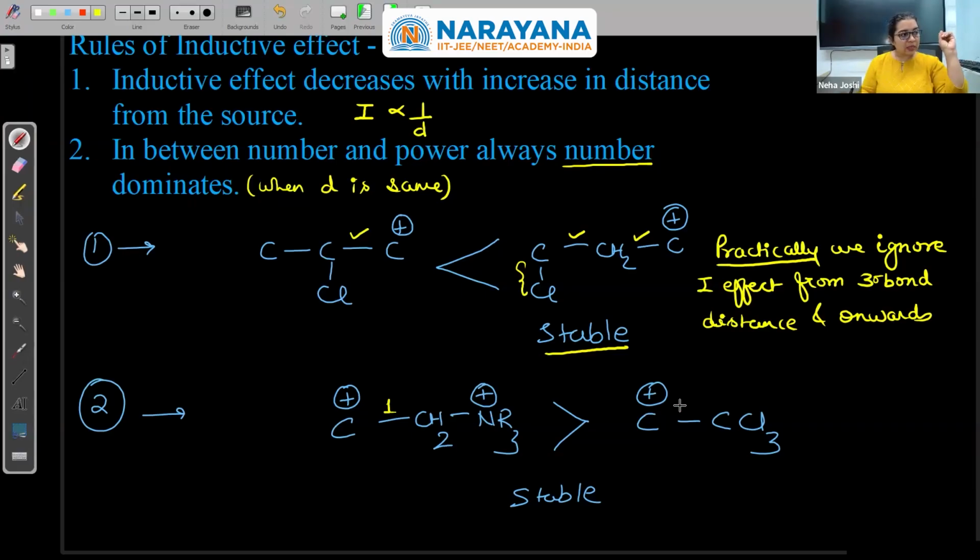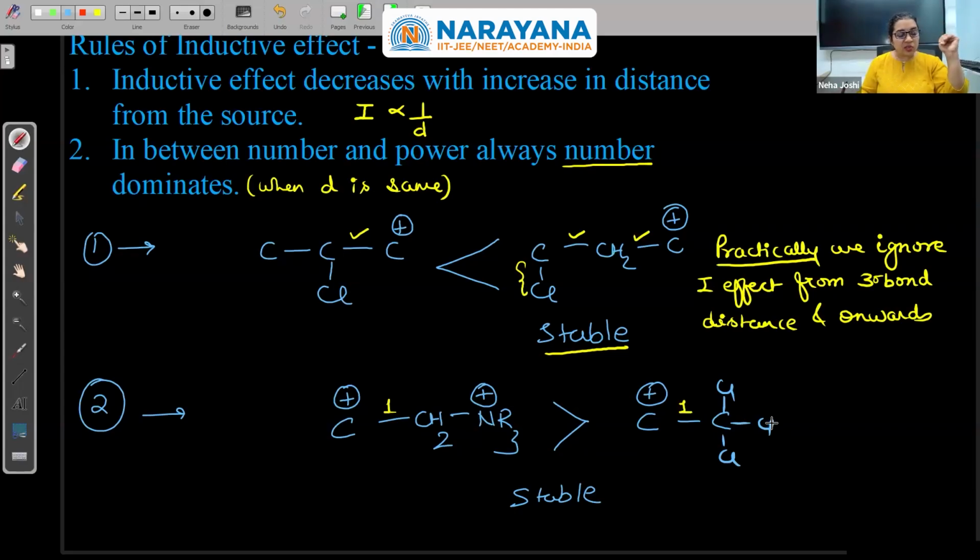Now you may get confused if I write it this way, but if I write it like this, CCl, Cl and Cl, it is very apparent that after 1 sigma you have the sigma bond exerting the minus I, which will induce the effect on our bond. Similarly, after 1 sigma, there is a CCl bond which will induce the effect on this C plus. So the distance is the same.